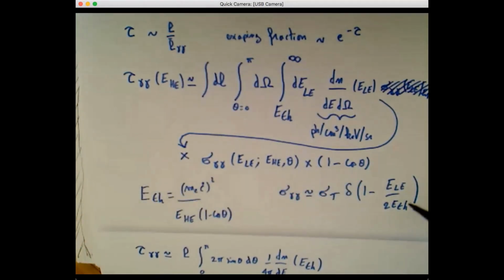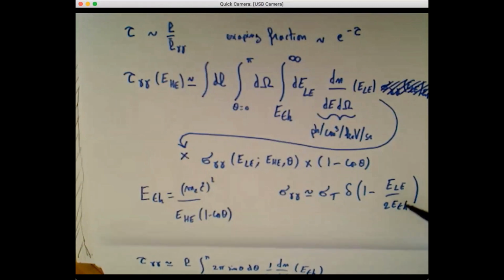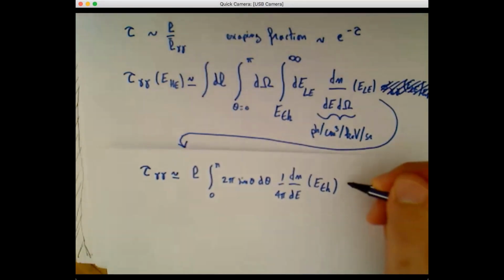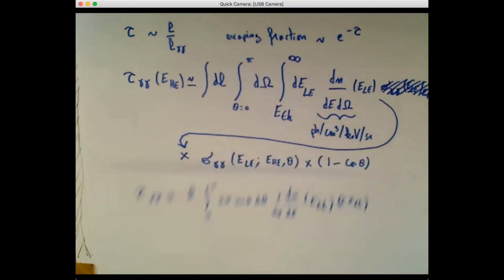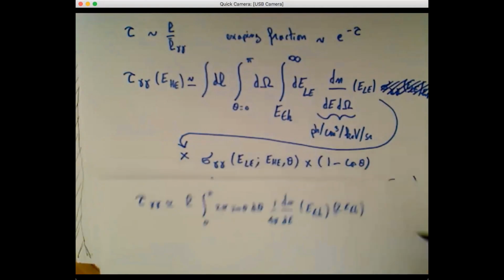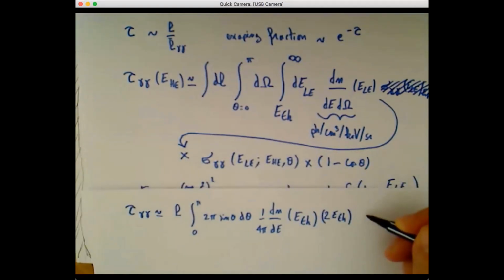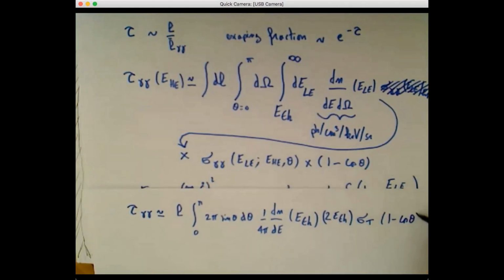Because of the Dirac function, you see that here the variable is a ratio of energy. So for dimensional reasons, I have to multiply by 2 times the energy of the threshold, just mathematics. And then I should not forget my cross section, which is sigma Thomson, and 1 minus cos theta.